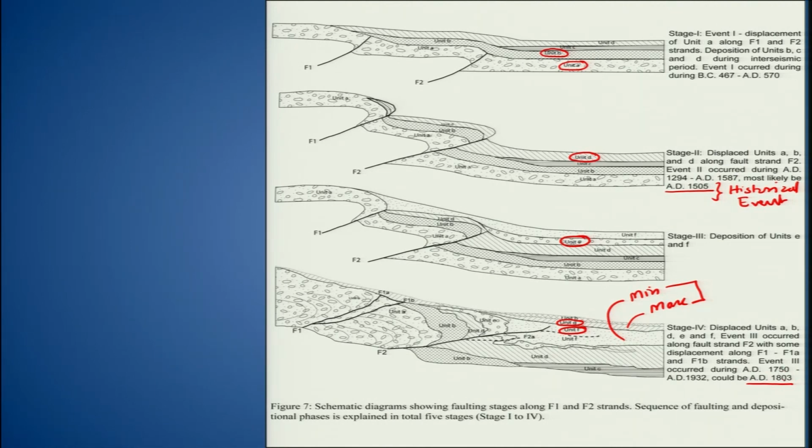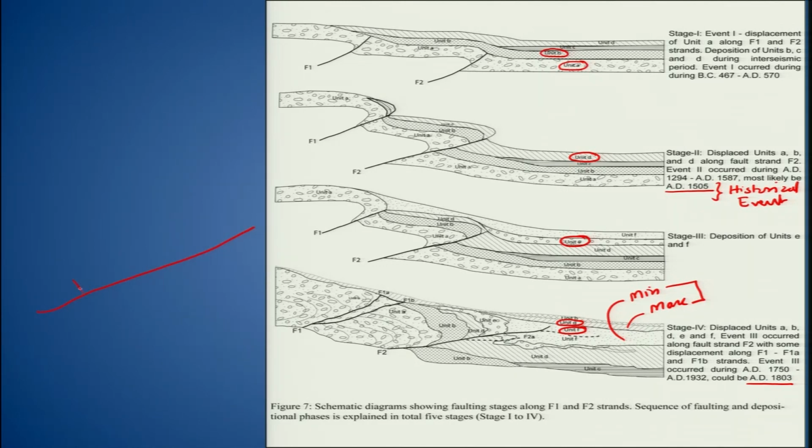But there are other groups who have worked here, and they said that probably there was no such event recorded in their trench. Possibly they were not able to pick it up because the deposition of the units will vary from place to place, and we may not be able to see the same events in a single trench.